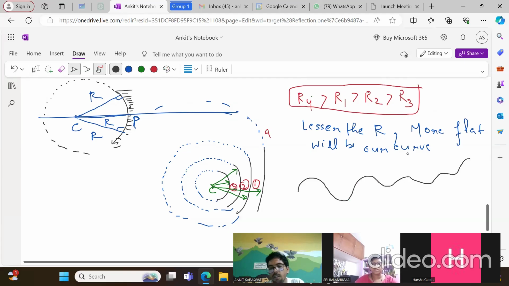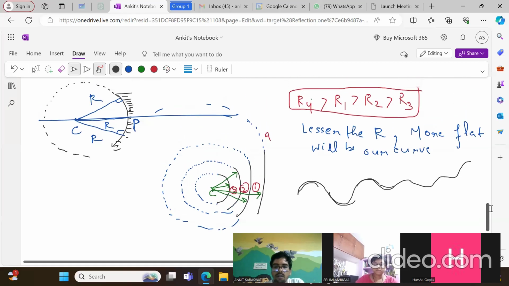Yes, sir. So every curve has a different curvature. So simply I am telling you, the lesser the radius of curvature, the more the flatness will be. And the higher the radius of curvature, the lesser the flatness. Clear?